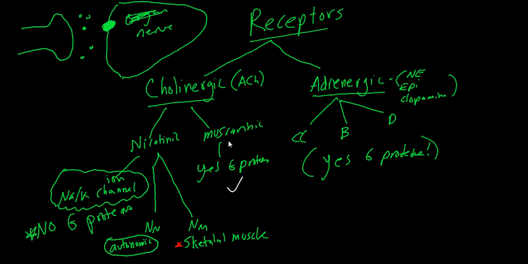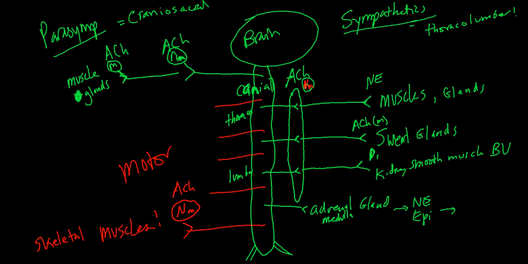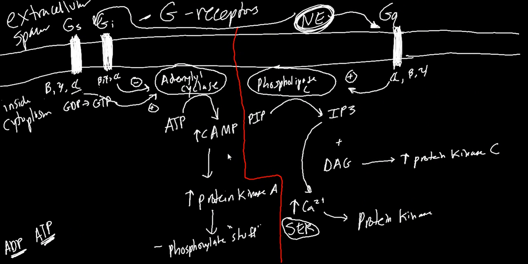So yes, we have muscarinics that are G protein mediated. Betas, yep, G protein mediated. Dopamine, yep. Also histamine, etc. We're going to deal with a lot of G proteins. What does that mean? Well, it means we're going to go via these mechanisms.